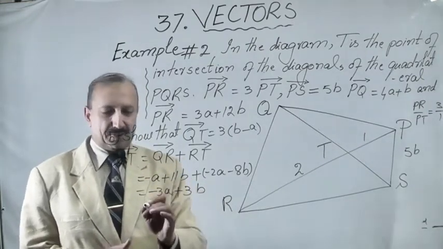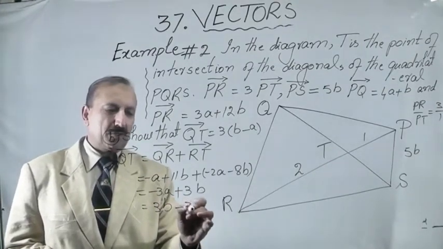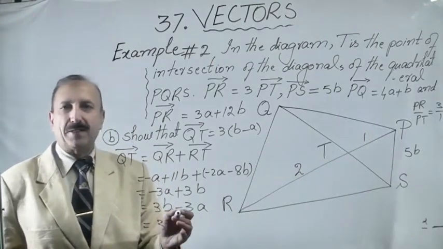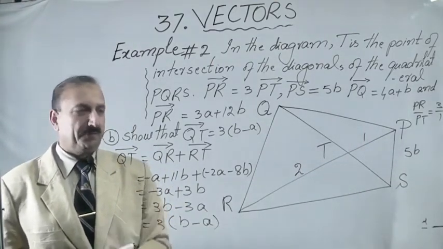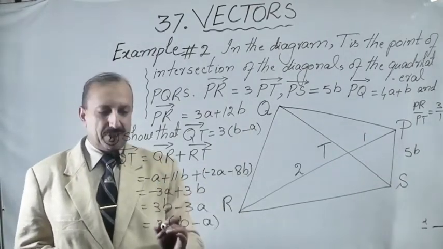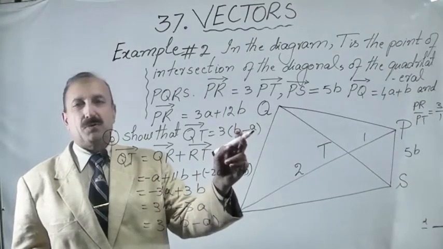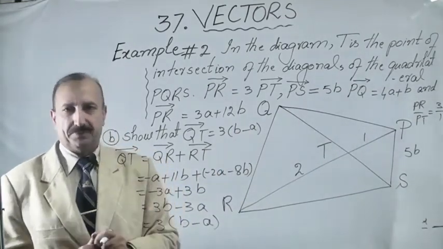We can write this expression as 3B minus 3A, or we can take 3 common, and this can be written as 3 into B minus A. This is the proof that we are supposed to show that QT is equal to 3 into B minus A.